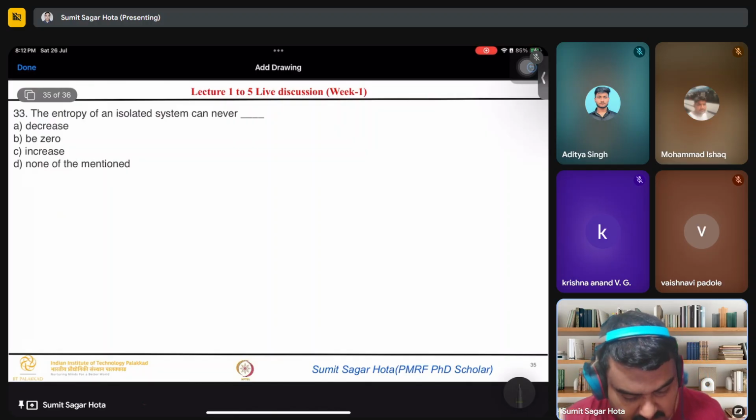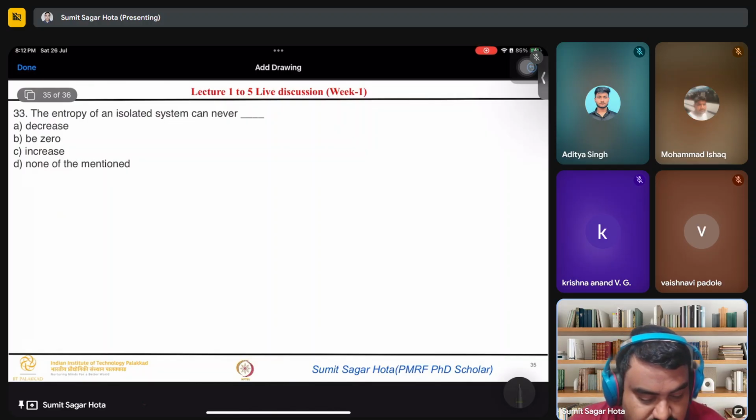We can say our Earth is an isolated system, because outside the Earth there is no medium available. But from outside, heat energy is transferring from the Sun. But if we consider Earth as the only system, outside we don't care what's going on, only Earth is the system.